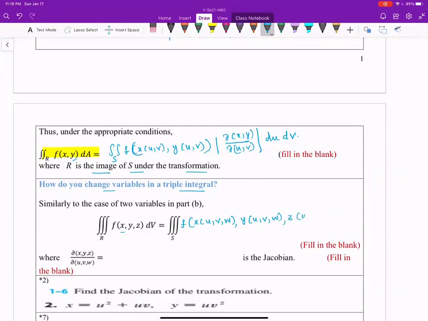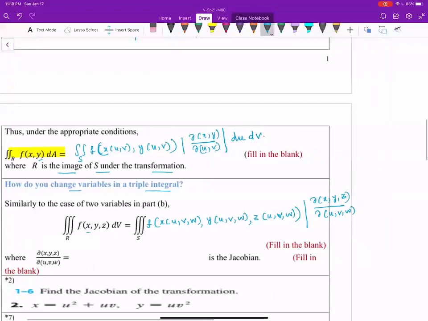Same way, z is a function of three variables u, v, and w. Then you need to have the Jacobian. Now the Jacobian is a 3 by 3 determinant, dou (x, y, z) over dou (u, v, w), followed by du, dv, dw.